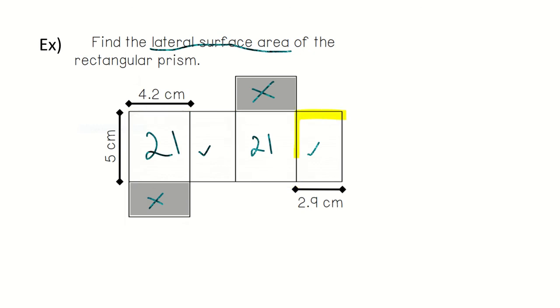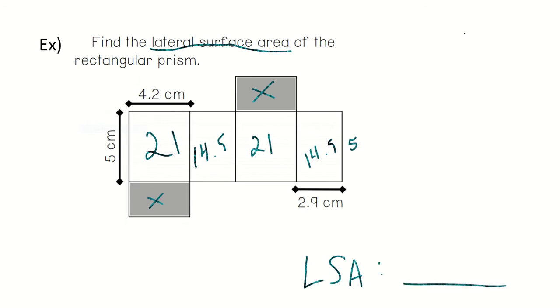Let's find this one, for example. That one has one of the side lengths of 2.9. This side length would be 5, matching the other 5. So 2.9 times 5 is 14.5. And it has its matching pair, 14.5 over here also.